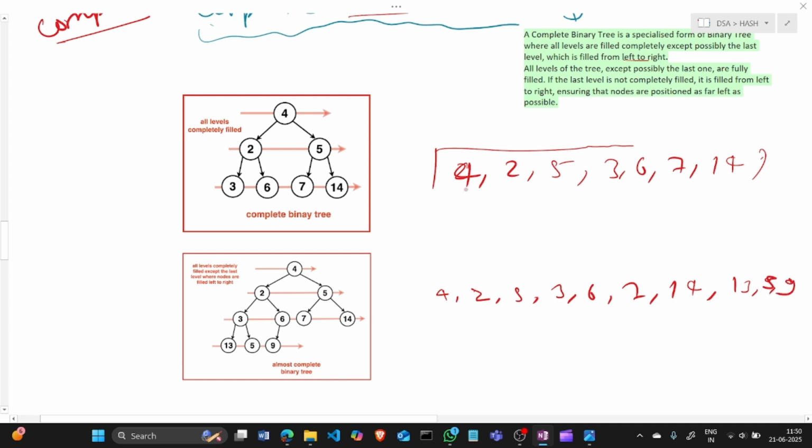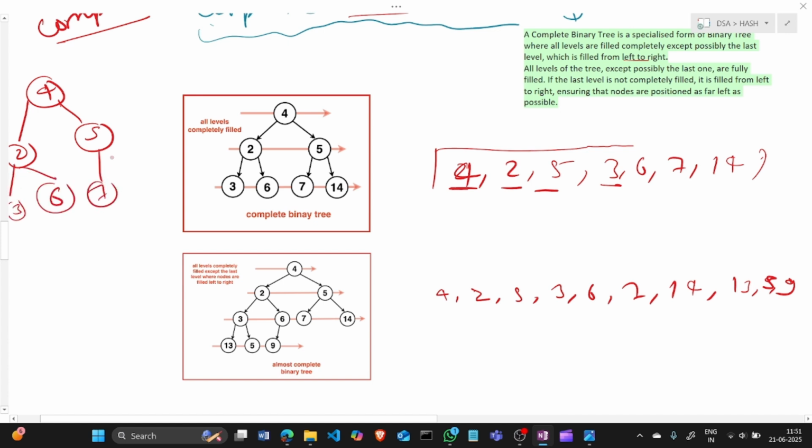Let's fill this one by one. We make the root node, and this is the left, this will be the right, and then the left of this, the right of this, the left, the right. So we are filling from left to right for each level. So this is a complete binary tree.